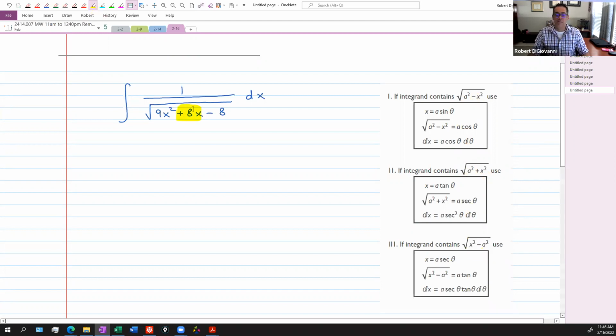Like if this was gone, then it would be this one, because we would have x squared minus a number squared. We'd have to factor the 9 out, but we could do it. But that creates a whole different issue for us. Do you understand? Whole different issue. So what we have to do here first is complete the square.